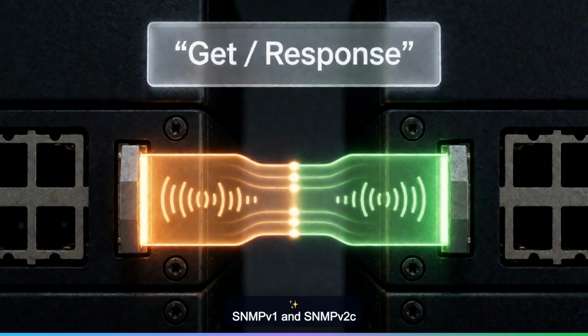SNMP v1 and SNMP v2c use community strings for security, essentially plain text passwords. There are two types: read-only, which only allows get operations, and read-write, which also allows set. The problem is clear.